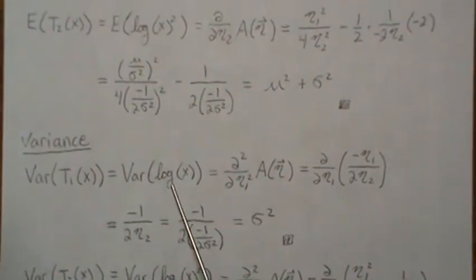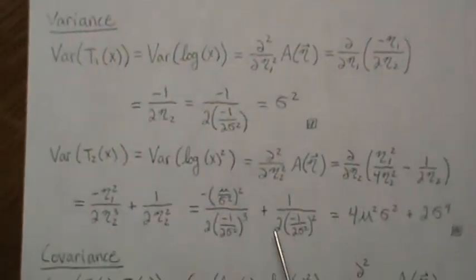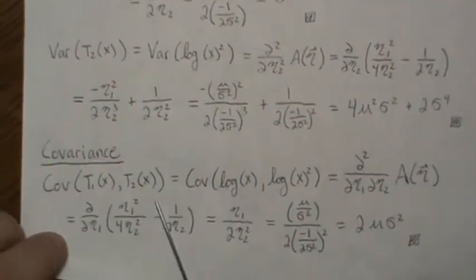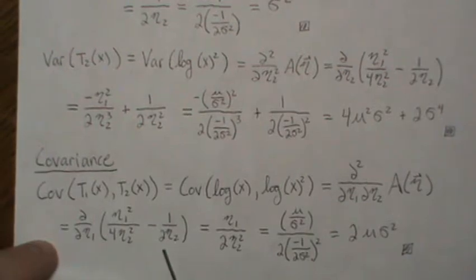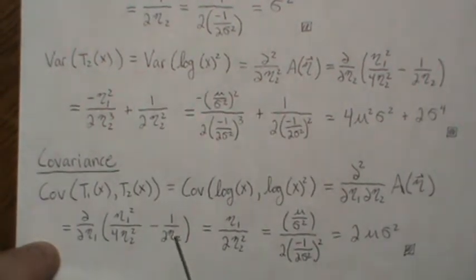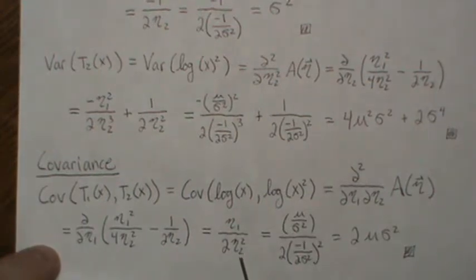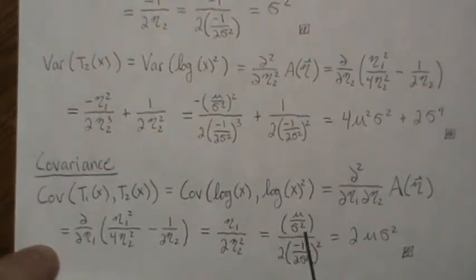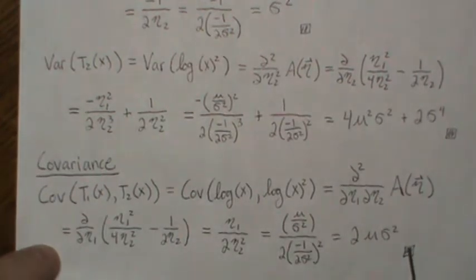No, that was eta 1. This. So we plug it in here. Now we take the partial with respect to eta 1. Well, this is constant, drops out, and then this we get here, and we plug in what we know for eta 1 and eta 2, and then this simplifies to 2 mu sigma squared.